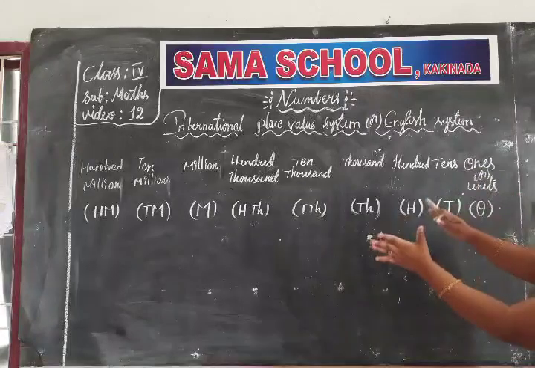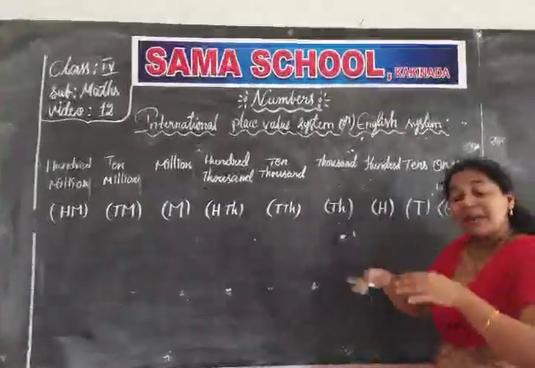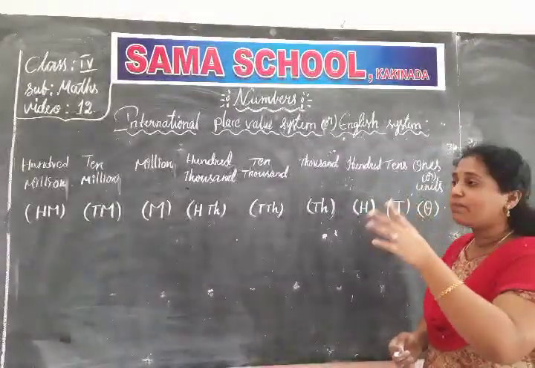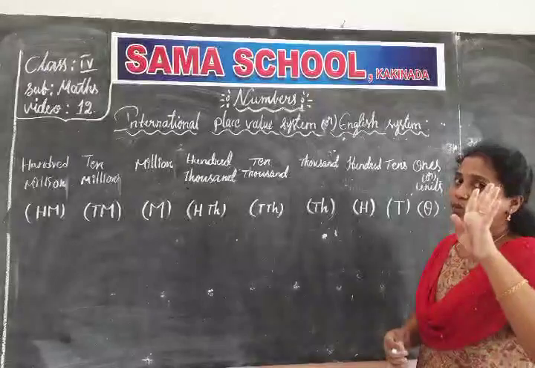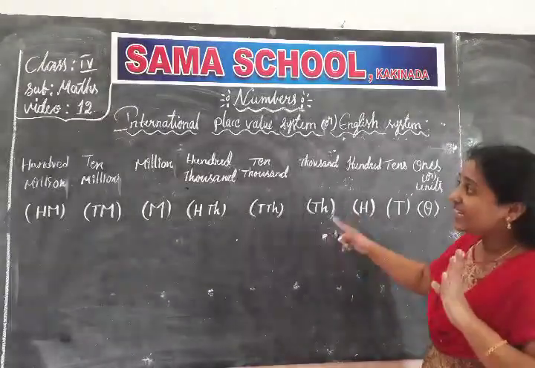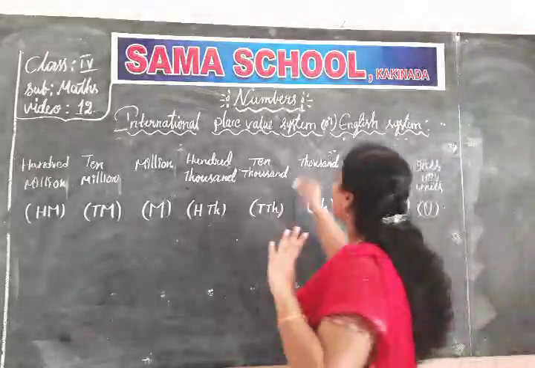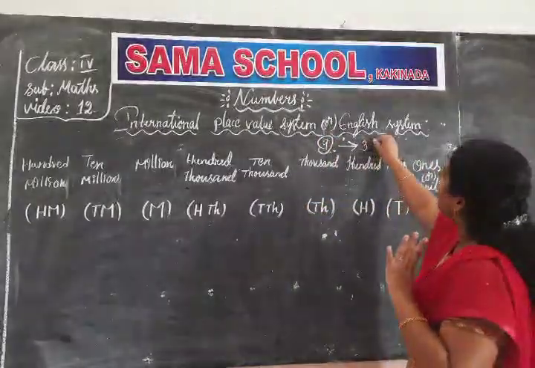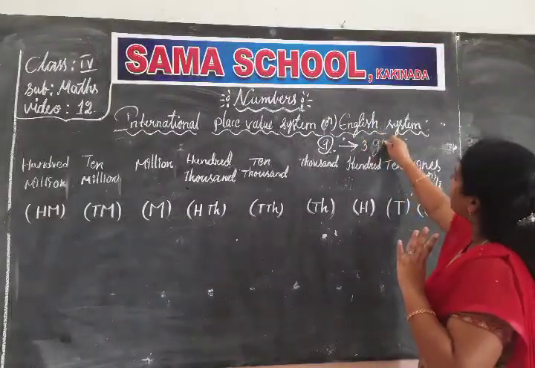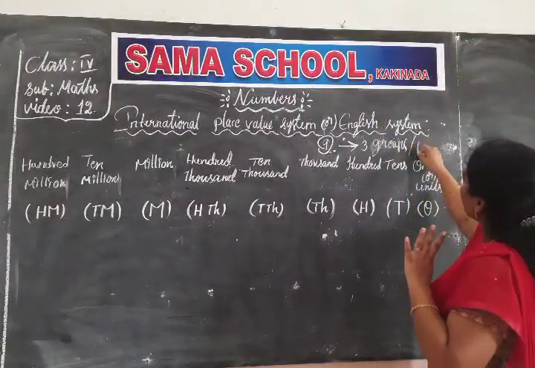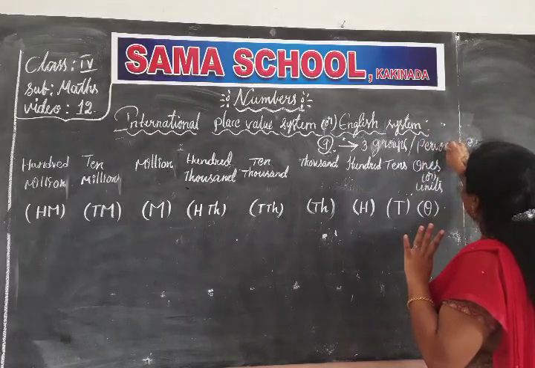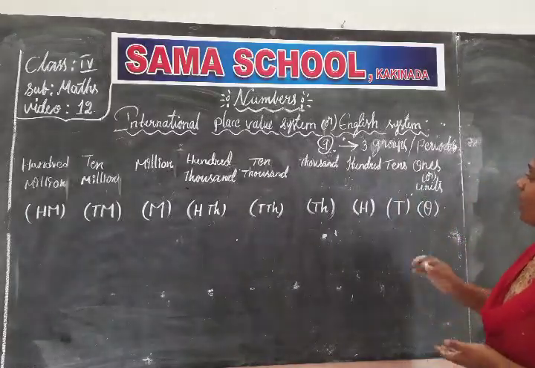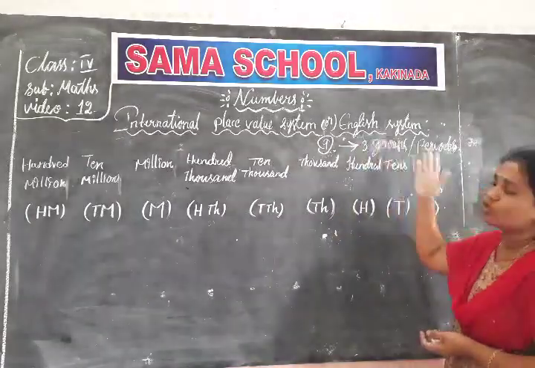These 9 places are again separated into periods. In Indian place value system, 9 places are separated into 4 periods. But in international place value system, the 9 places are divided into 3 periods, meaning 3 groups. I already explained period means group of numbers.